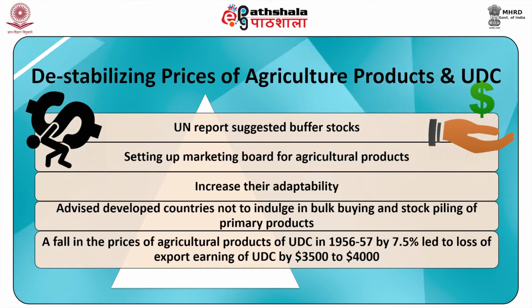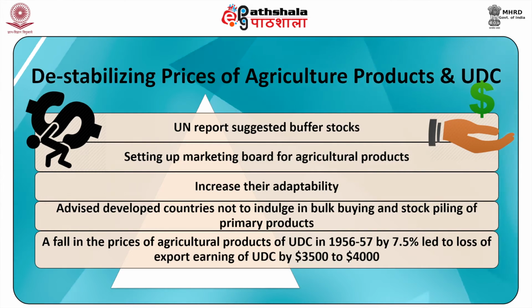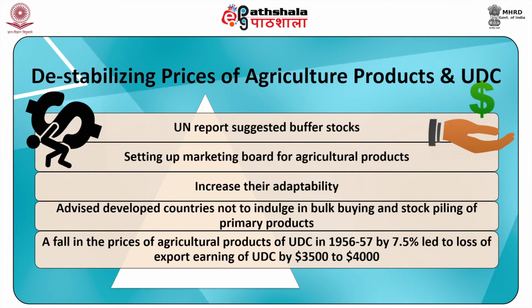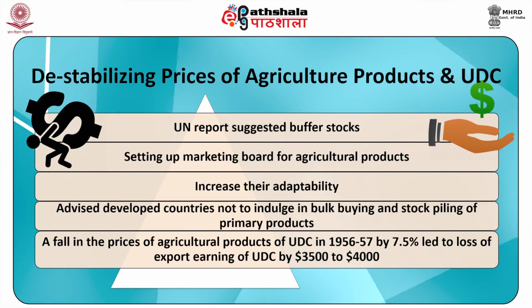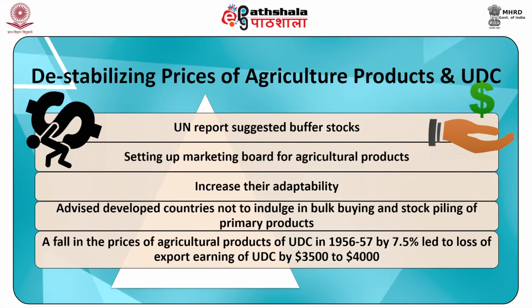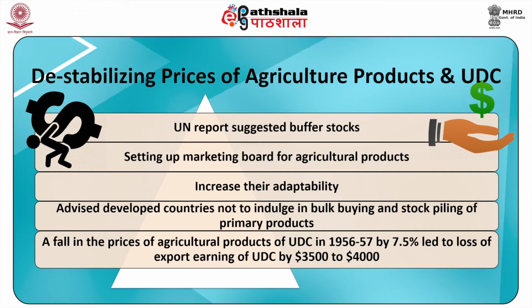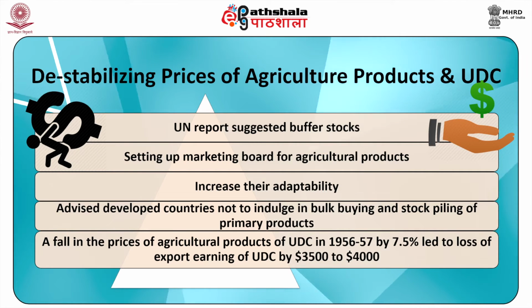The UN report suggested buffer stocks and setting up a marketing board for agriculture products, which increase their adaptability to weather and market conditions, and advised developed countries not to indulge in bulk buying and stockpiling of primary products, as such practices result in unstable prices affecting adversely the interest of underdeveloped countries.